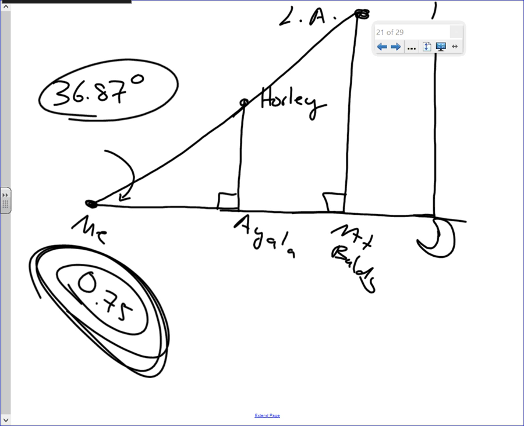What's farther than the moon? Give me something. Pluto. Little Pluto. From me to Pluto, then Pluto to some other object, let's say some satellite. If that angle stays 36.87 degrees, that ratio will still be 0.75.